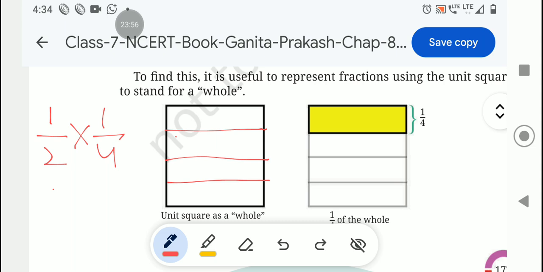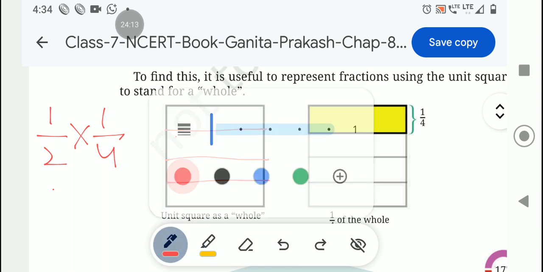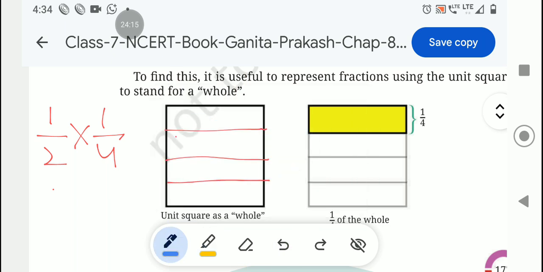Now this is 1 by 4 we have drawn, but we didn't shade it, right? So we have to shade 1 here. I'll shade with blue color. 1 I'll shade here.